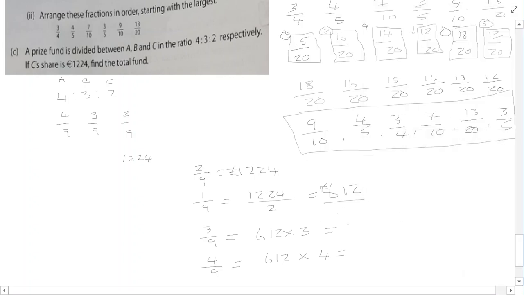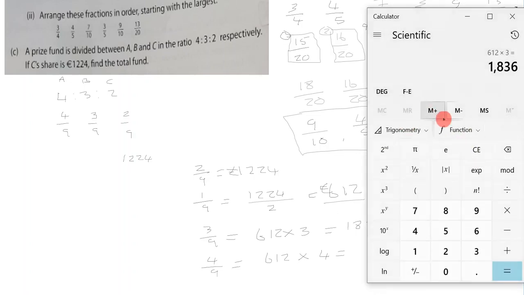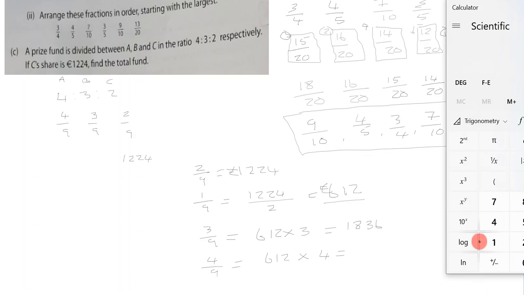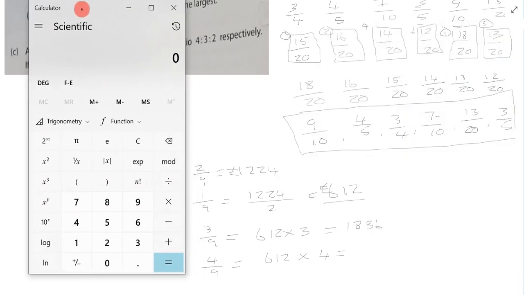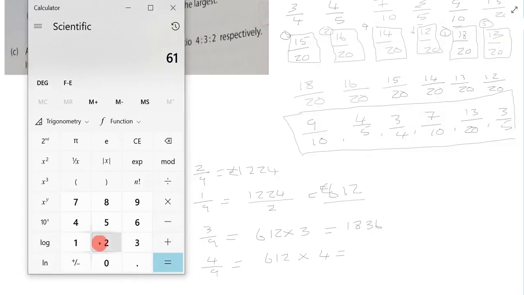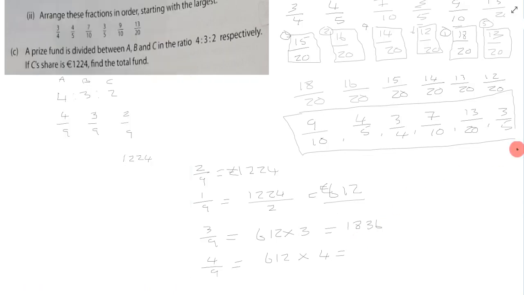And then if we multiply 612 by 4, that's equal to 2448.